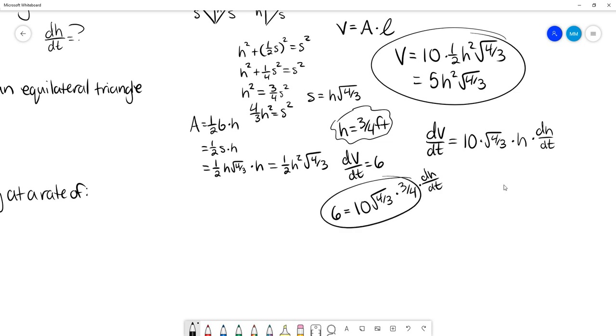And you'll notice that everything else is now constants. We just have to solve for what dh/dt actually is by just moving stuff around. So I'm going to go ahead and divide by 10. So I'm going to get 6 over 10, which is then 3/5 equals 3/4 times that times dh/dt.